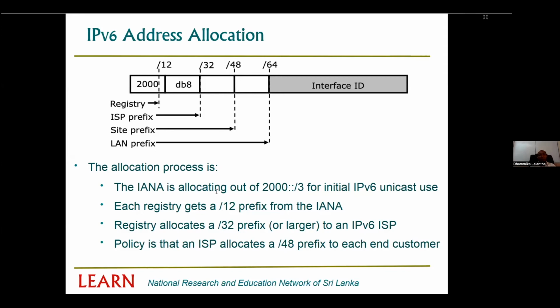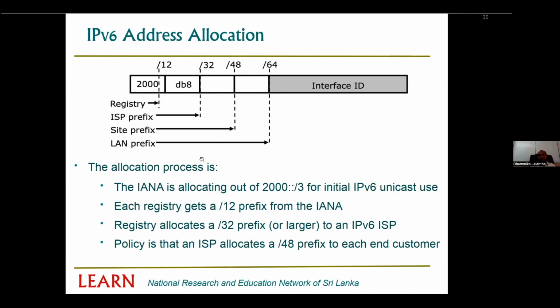First, IANA allocates this network, 2000::/3. That's the biggest unicast IPv6 network that IANA allocates.